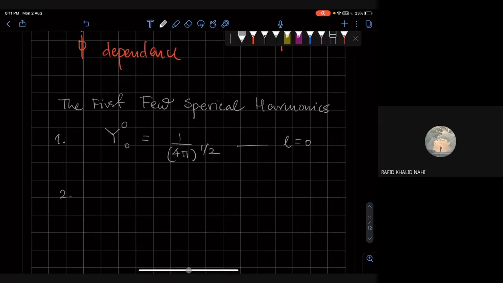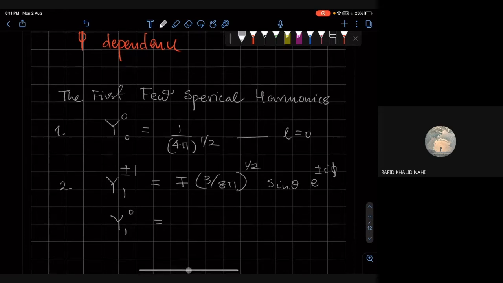Number 2 is the L value is 1, then the m value can be +1 or -1, and that's going to be minus plus the square root of 3 by 8 pi sine theta e to the power plus minus i phi, and then Y1,0, which is also part of the multiplet.